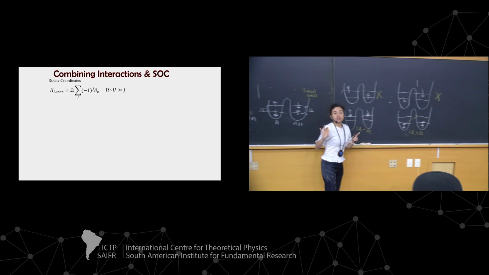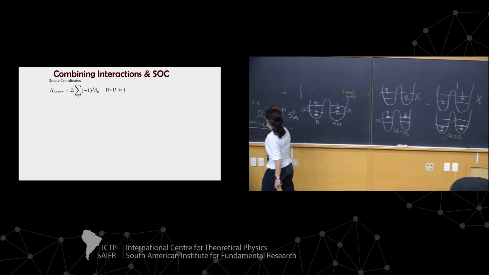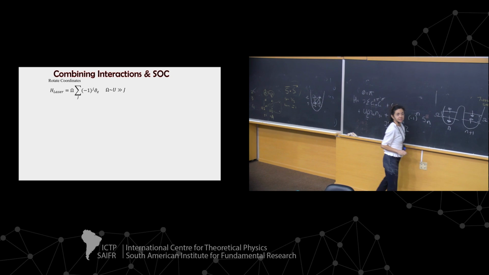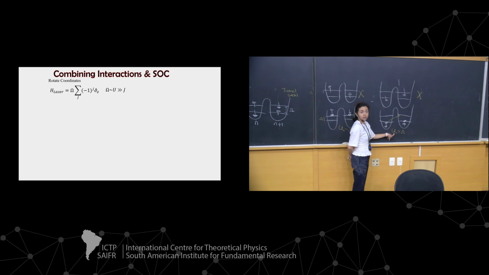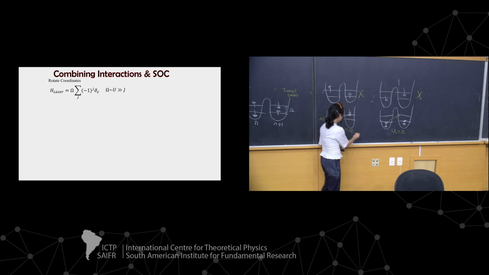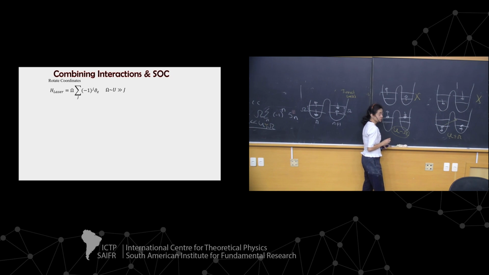So now if U, as I said, is comparable to omega, this costs a lot of energy. That is U plus omega. It's a lot of energy, whereas this one is not. So what happens is that this particle is going to come here.